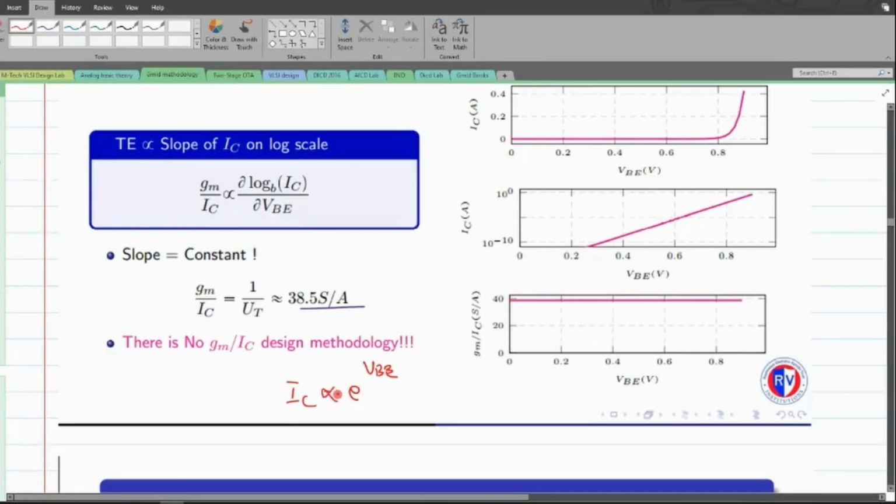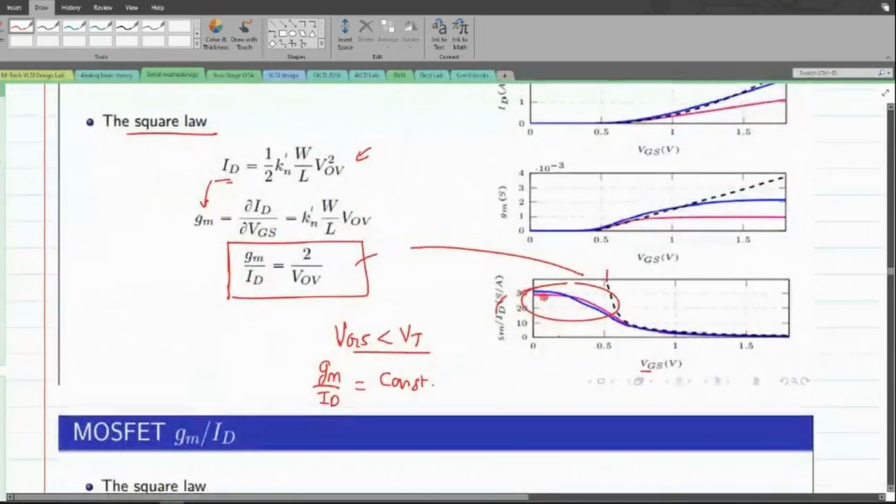So whenever the GM over IC is constant, it says that the current component is exponentially reliant on the control input. That is what it conveyed in our BJT. Even here we could see that this GM over ID is also constant. So this means that the current ID is also exponentially related to the value of VGS. The control input here is basically VGS. So that is what it conveys to me.